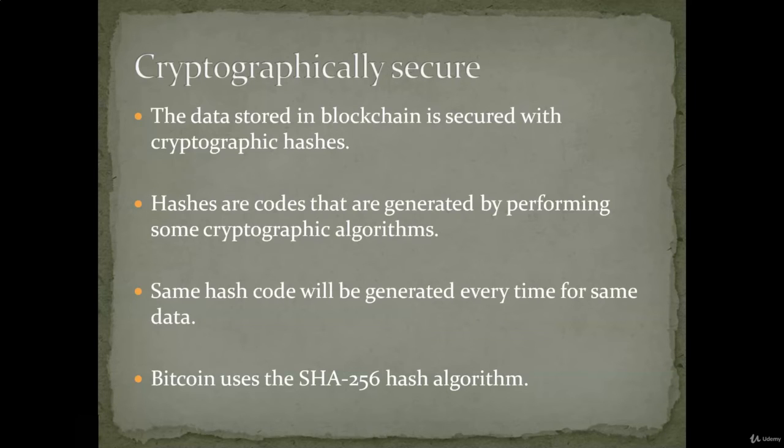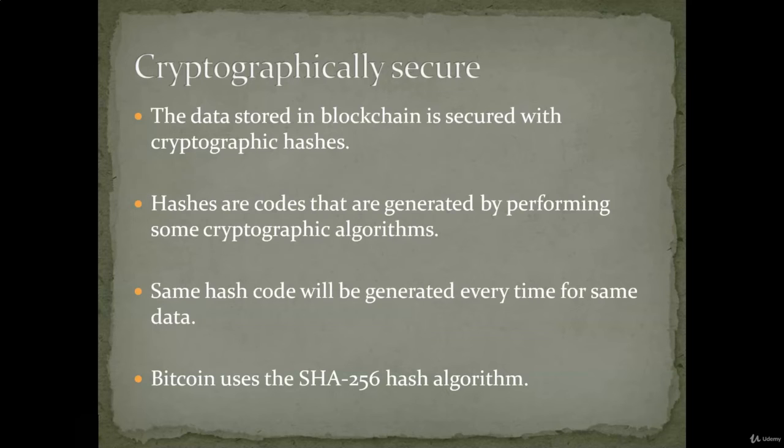The same hash code will be generated every time for the same data from the same hash function. If we are using the same hash algorithm, the resulting output will be of the same length and the same characters.